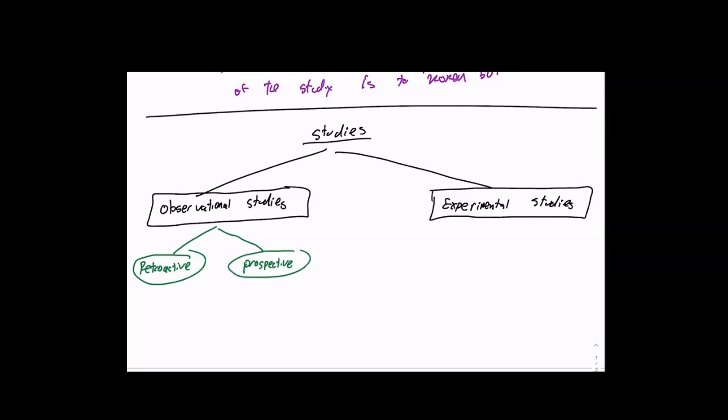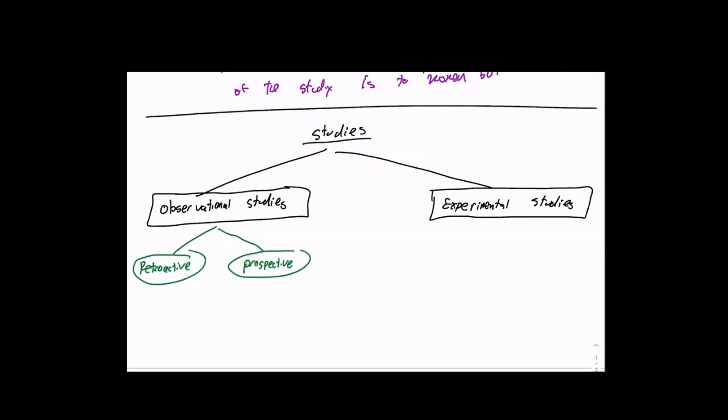So in your homework, it's going to say, what type of study is this? First off, you have to determine if it's observational or experimental. Spoiler alert, I guess you can determine if something's an experiment in your homework tonight. But if you have to go into more detail, it's not going to be an experiment, because I'm only going to give you enough information to go into detail for an observational study.